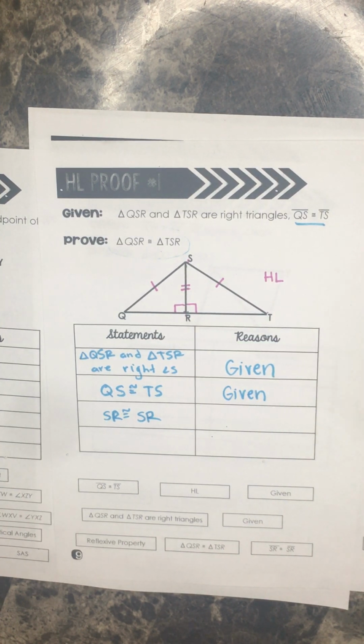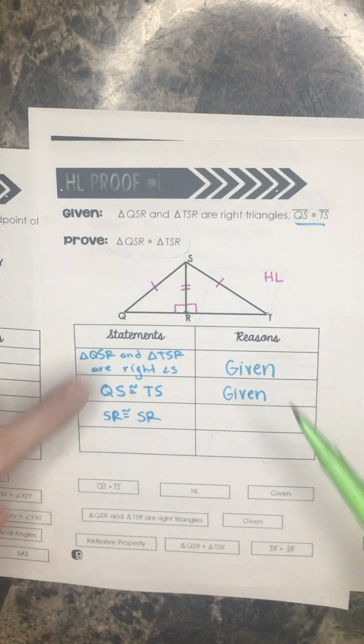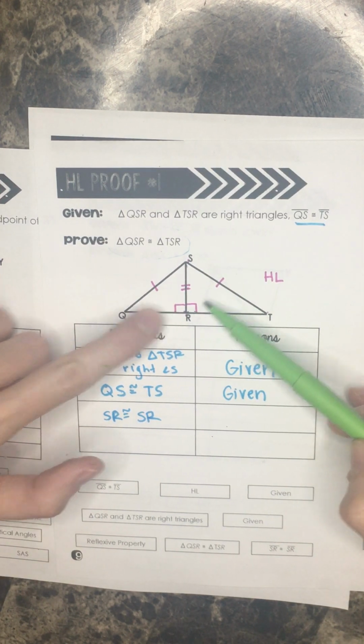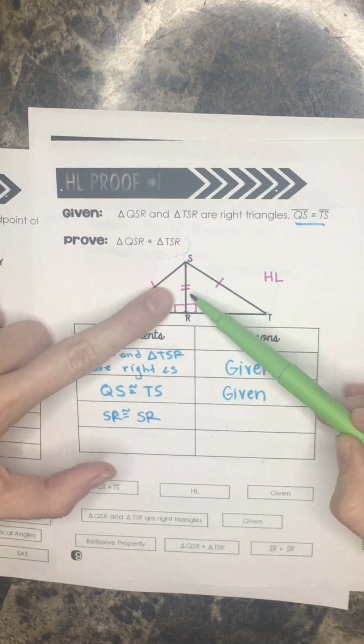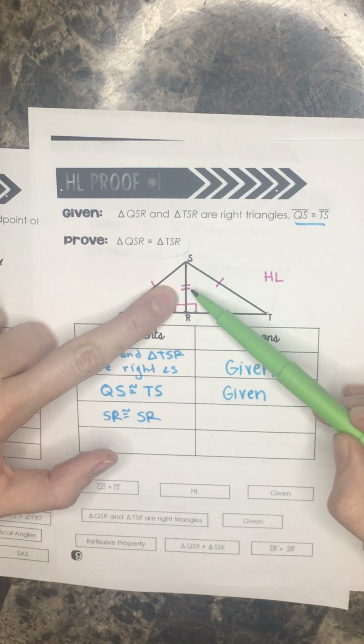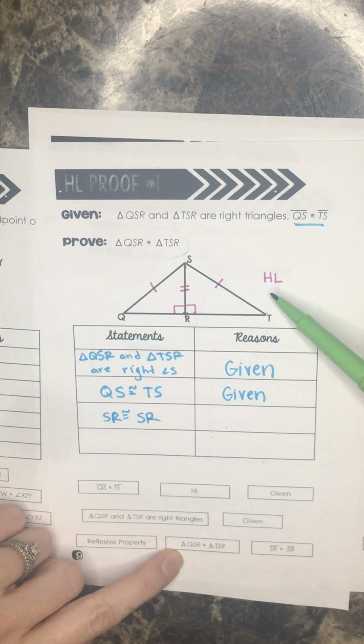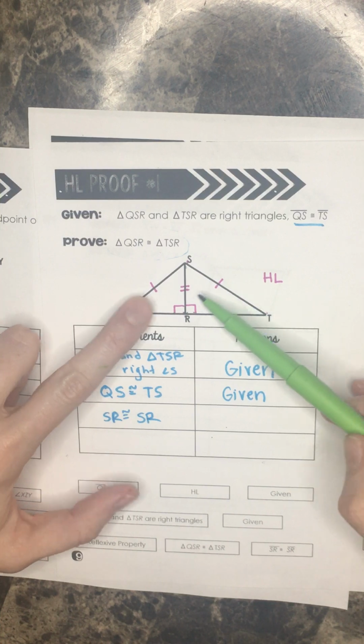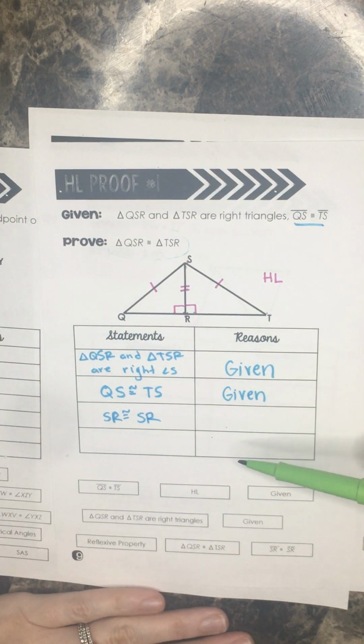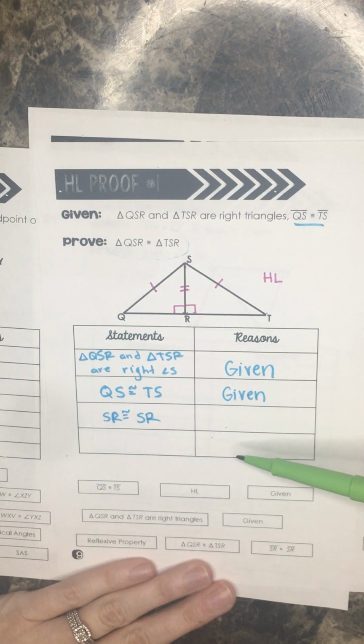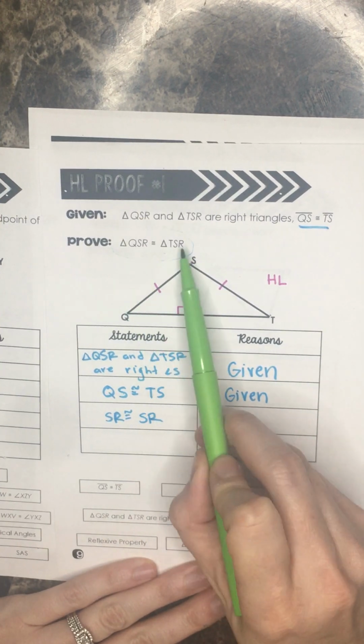If we have right triangles with congruent hypotenuses and one congruent leg, we know the triangles are congruent by hypotenuse leg, which is what we're trying to prove.